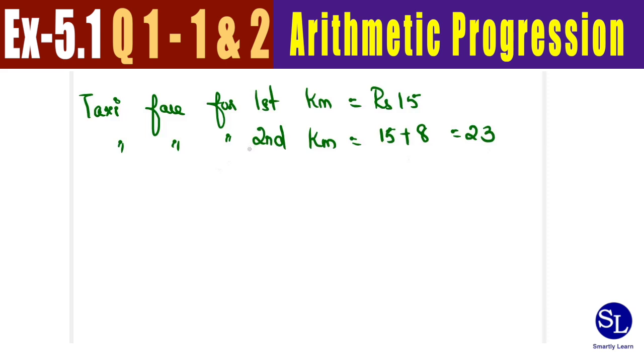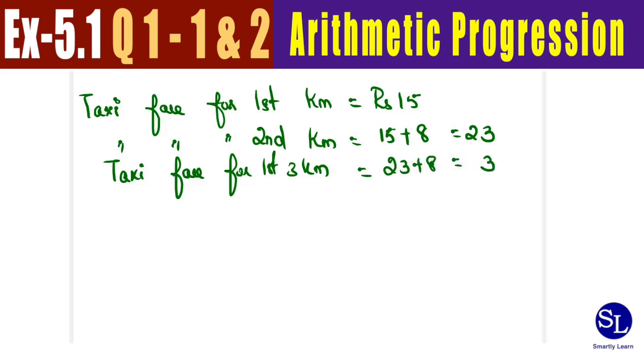Taxi fare for first 3 kilometers is going to be equal to 23 plus 8, which is equal to 31. So if you look at the numbers generated, they are 15, 23, 31 and so on.